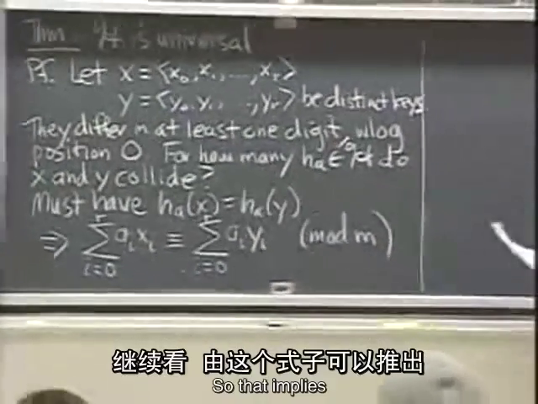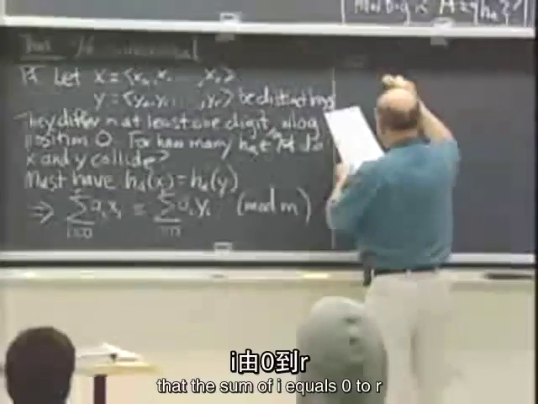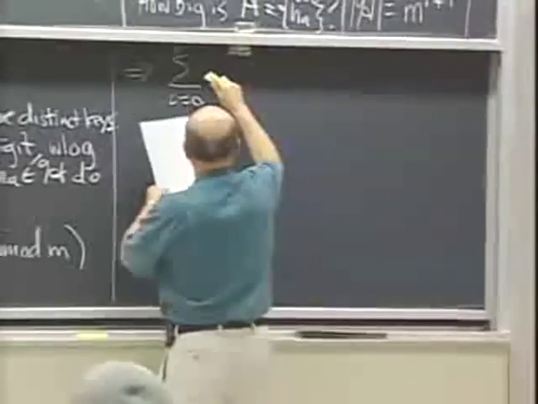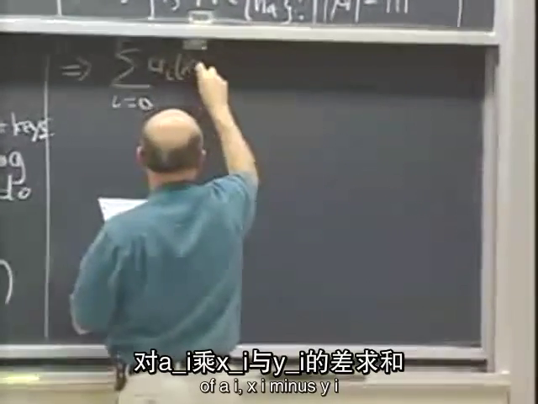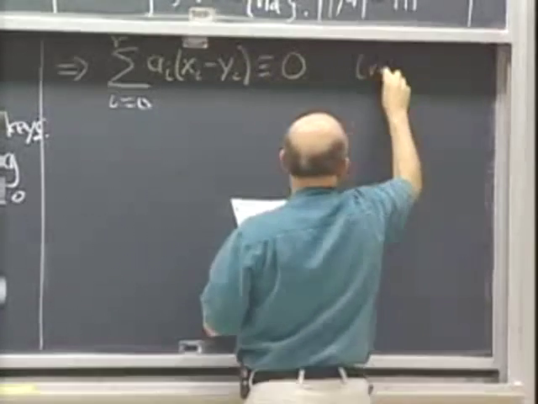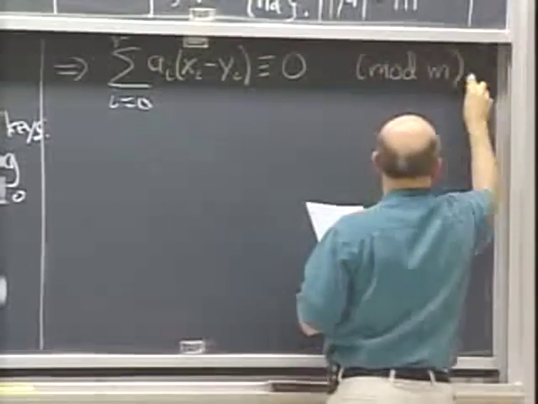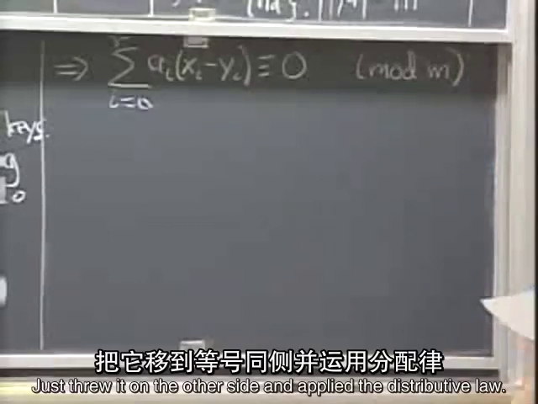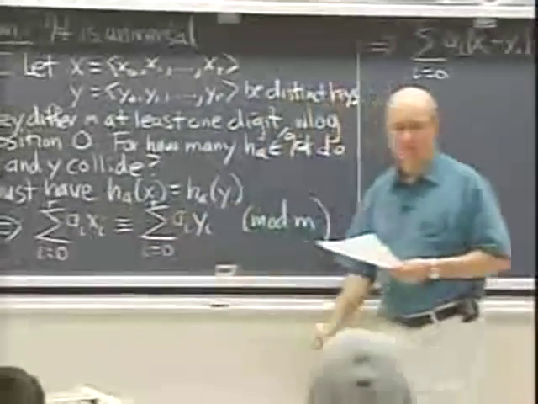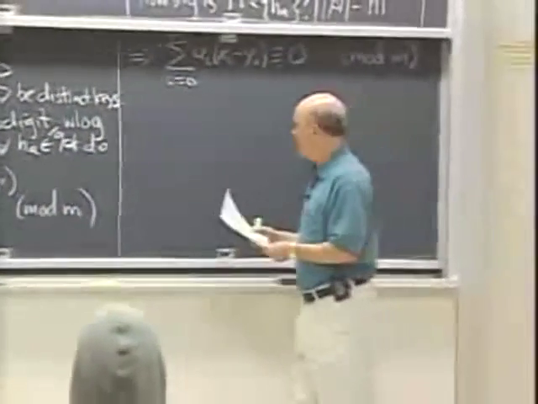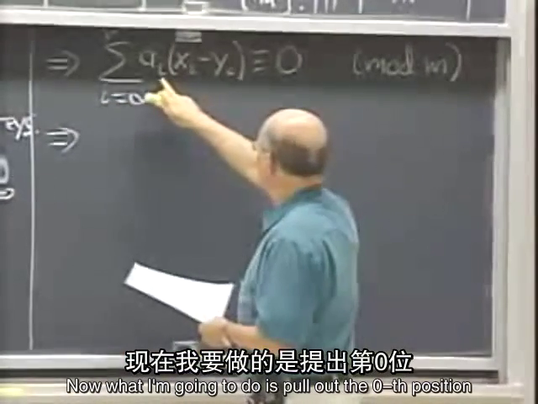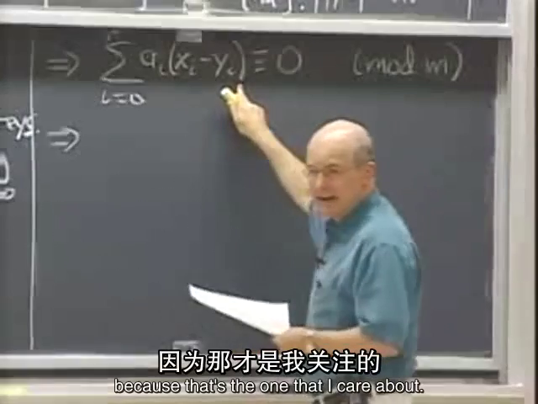Okay, so that implies that the sum of i equals 0 to r of a sub i times x sub i minus y sub i is congruent to 0 mod m. Okay, just threw it on the other side and applied the distributive law. Now what I'm going to do is pull out the 0th position, because that's the one that I care about.